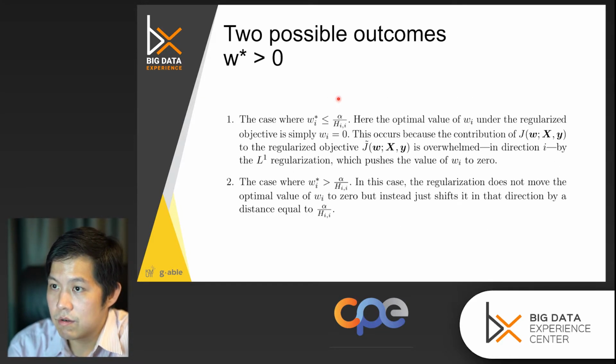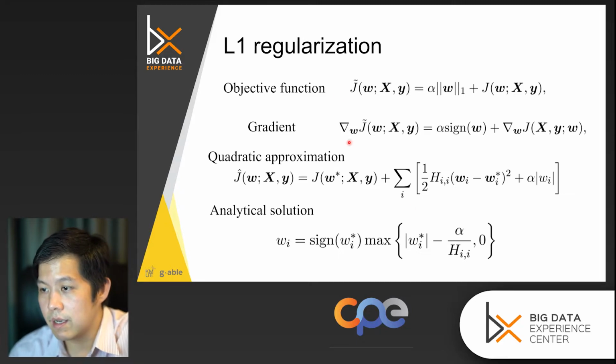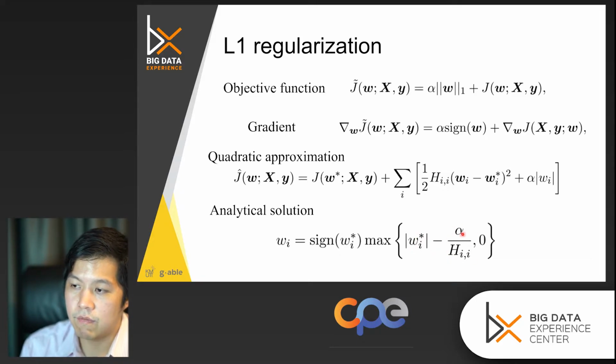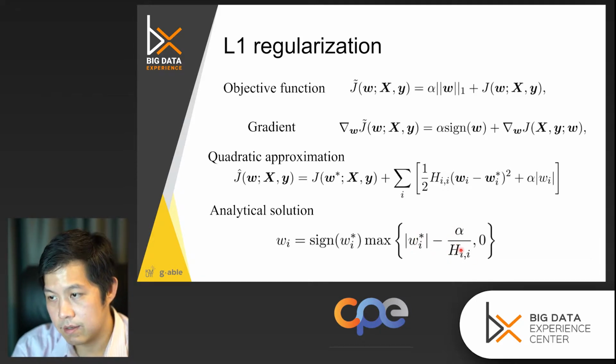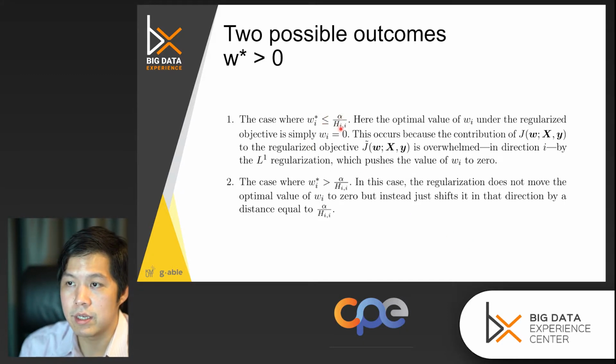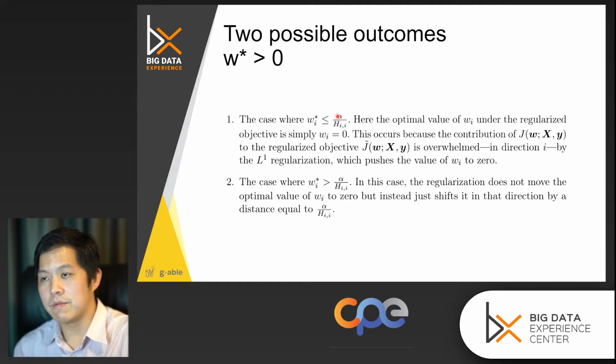Alright, so in this case WI would have two possible solutions depending on the value of the weight itself, the size of the weight, and the alpha over HII here. If the weight is less than alpha over HII, right? What does it mean?